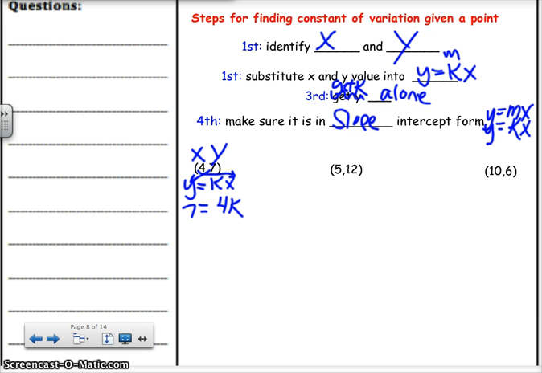Divide through by the 4. 7 fourths equals my k. Now I get into y equals kx format. Y is equal to my constant of variation, which is my slope, 7 fourths x. Done. Now I could graph it. It goes to the point 0, 0, up 7 over 4.